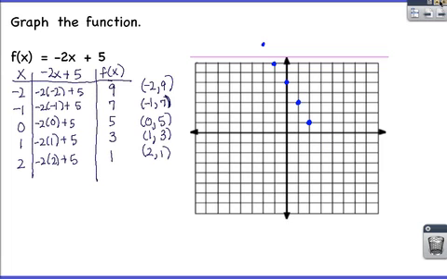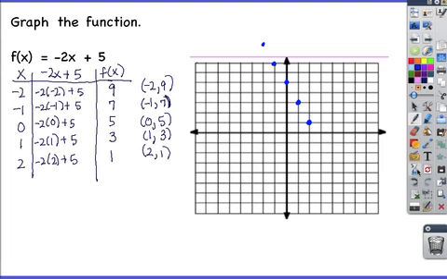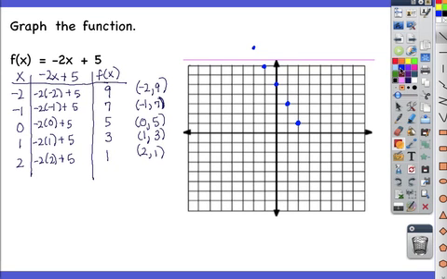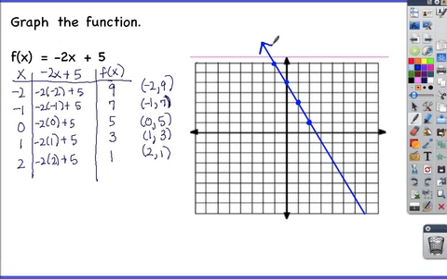Notice how this makes a line. And we can go ahead and connect this with a straight edge. And we draw arrows on either end.